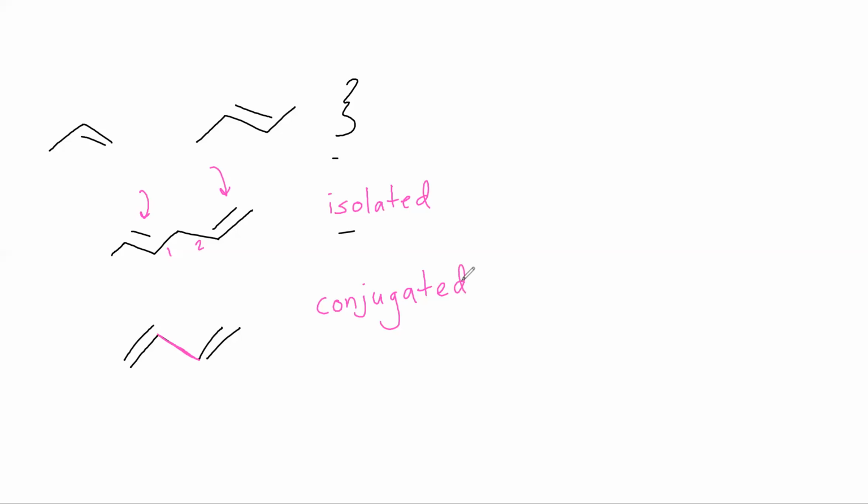You may not be able to see it right now, but if I move the electrons from one of the double bonds onto that middle single bond there, this double bond has to break and electrons have to go onto the other carbon there. And I'm going to quickly draw my resonance structure arrow here. We can see that our final resonance structure ends up with a positive charge over here and a negative charge and an extra electron over here.